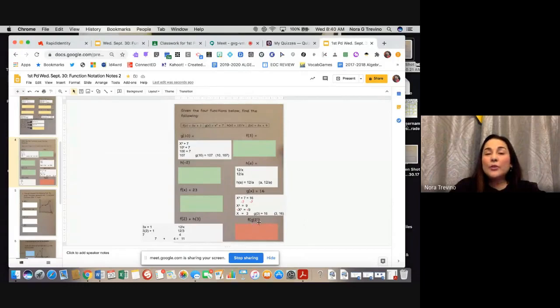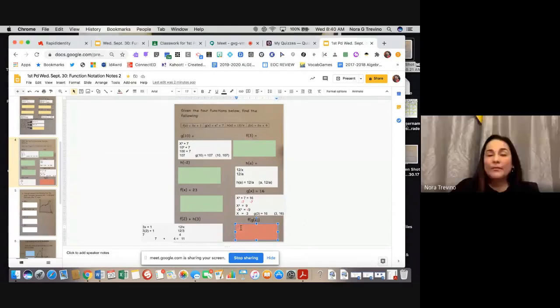It means to take the function g, there it is, and to input a 2 in there. Everybody understand that? It's like if I would have had g of 2, that's exactly what you would have done, right? You take this one and input a 2. You with me?